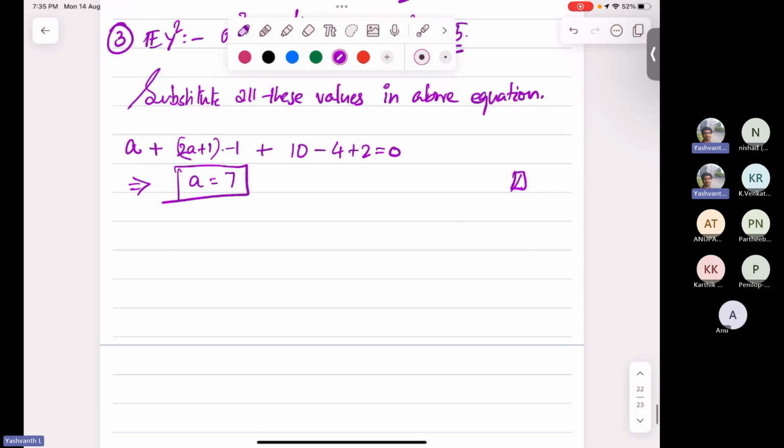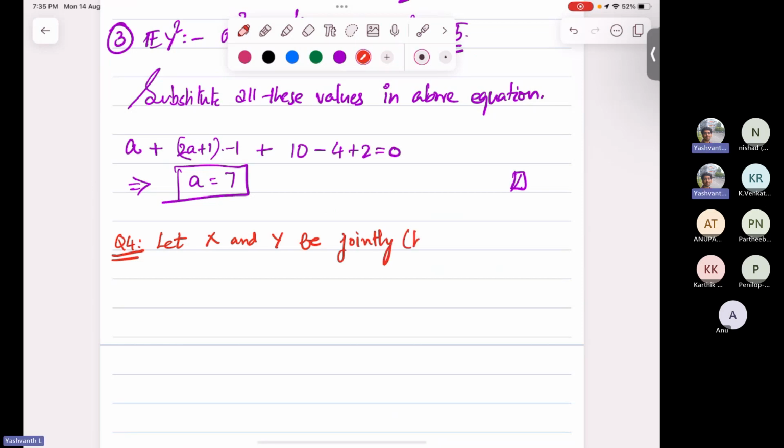Okay. The next question is as follows. Let x and y be jointly bivariate normal, that is, jointly Gaussian. Bivariate means two random variables, and normal means Gaussian.